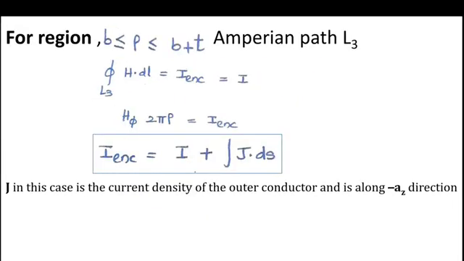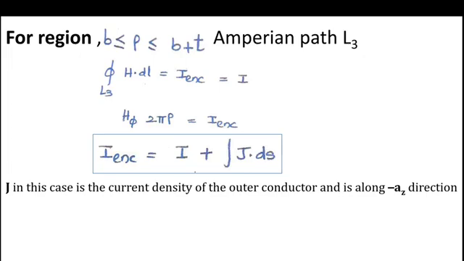Now apply the Amperian path for the third region, that is b less than or equal to rho less than or equal to b plus t. Now the Amperian path is L3. The closed integral over L3 of H dot dl is equal to I enclosed, so H phi 2 pi rho is equal to I enclosed. I enclosed is equal to I plus the integral of J dot ds.